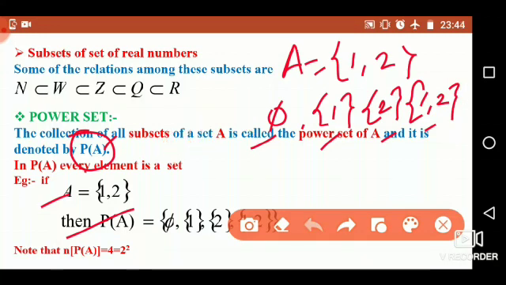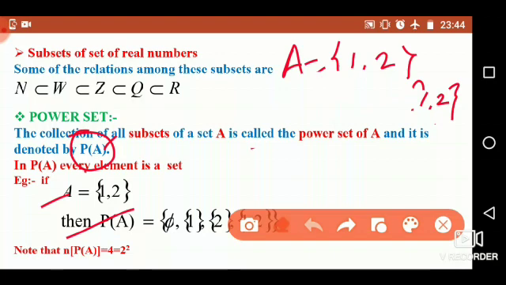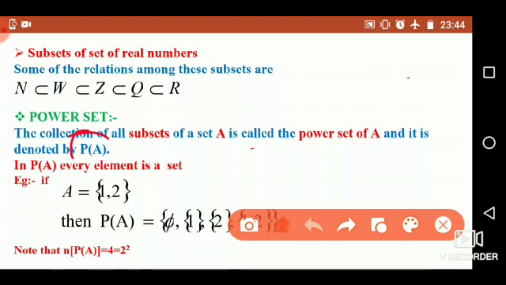P of A is a set containing the elements empty set, singleton 1, singleton 2, and then the set containing the elements 1, 2. Therefore, these are the members. The group of all the subsets of a given set is called the power set.